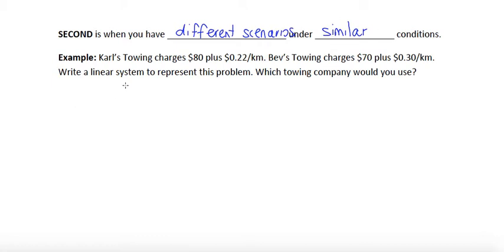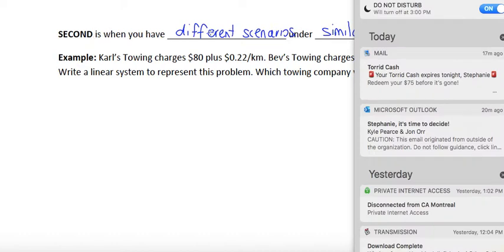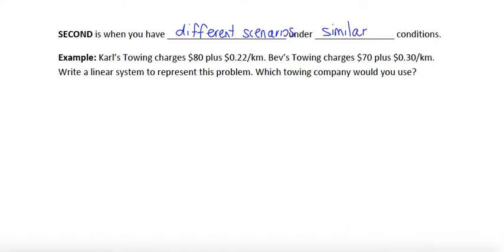So what that looks like is we're comparing two different things, but the concept of those things refers to similar conditions. So Carl's towing charges $80 plus 22 cents per kilometer. Bev's towing charges $70 plus 30 cents per kilometer. Write a system of linear equations to represent this problem. Which towing company would you use?